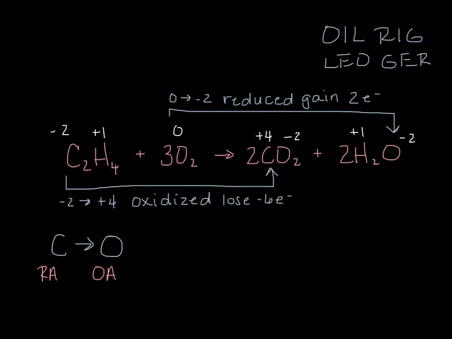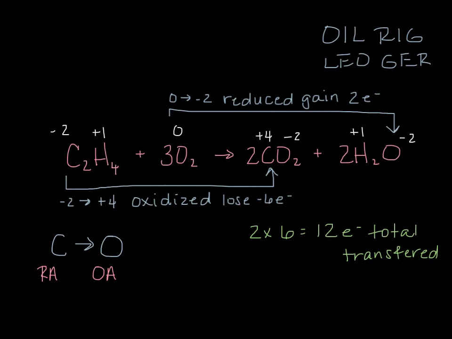But I actually have, in this reaction, 2 total carbons. So 2 times 6 equals 12. So a total of 12 electrons lost by all of the carbons in this reaction.